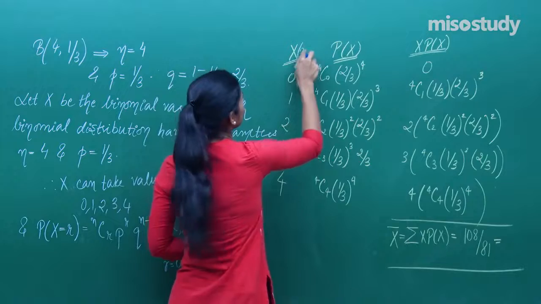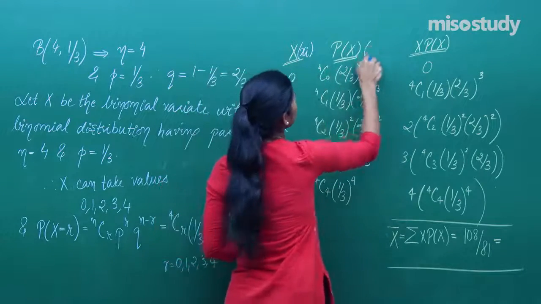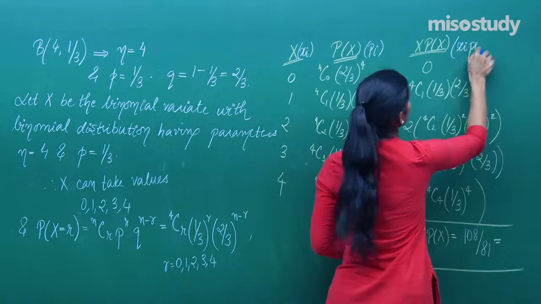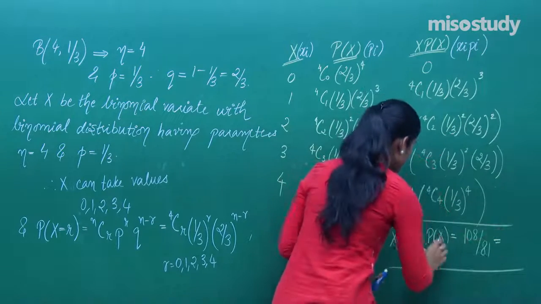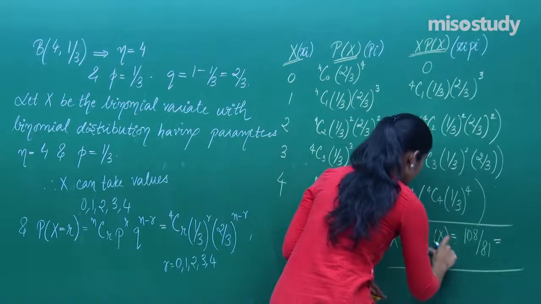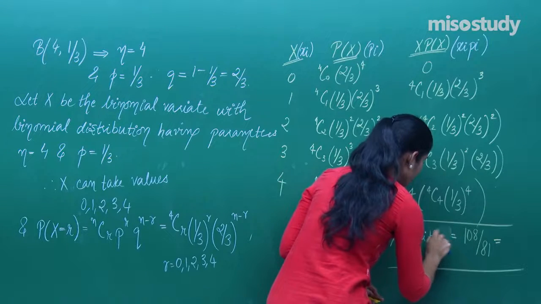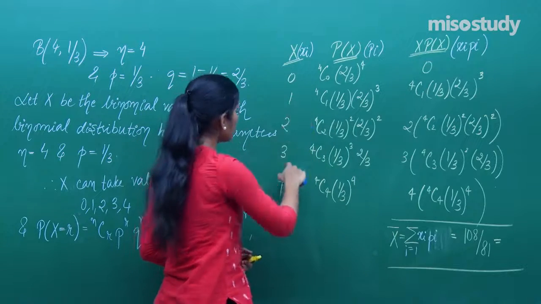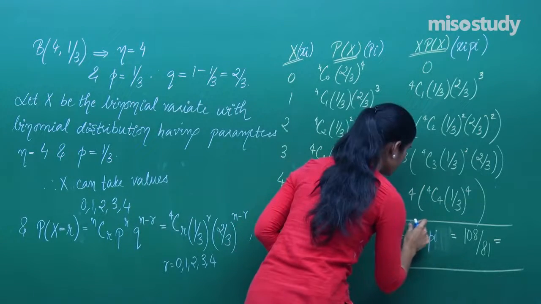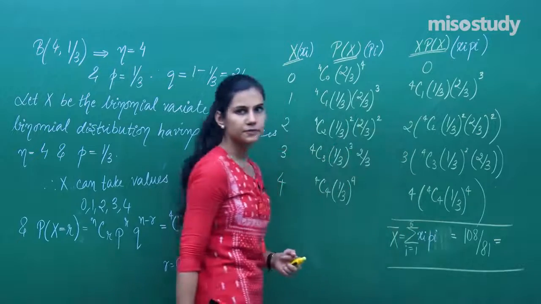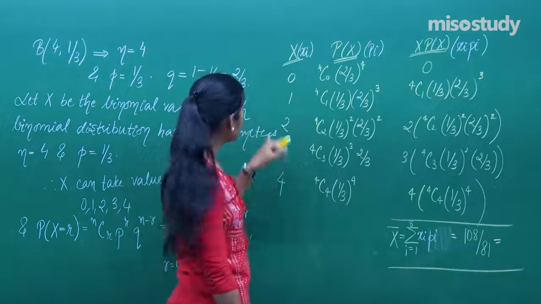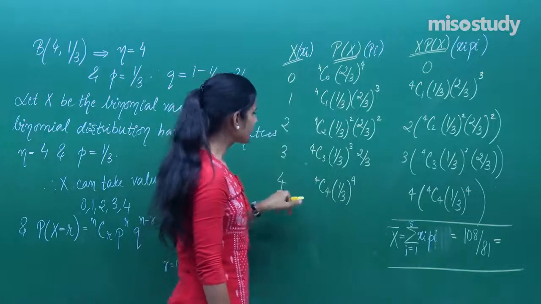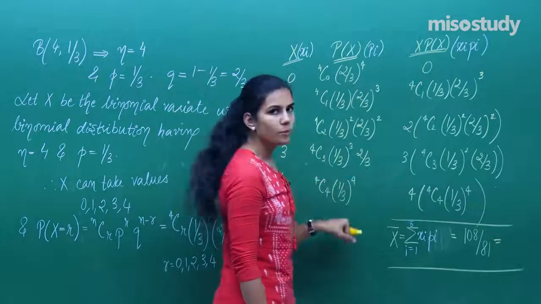Or you can say this is your xi, this is your pi, this is pi into xi, and therefore this is xi into pi, i running from 1 to 5, because there are 5 values which x is assuming. This is x1, x2, x3, x4, x5, p1, p2, p3, p4, p5.